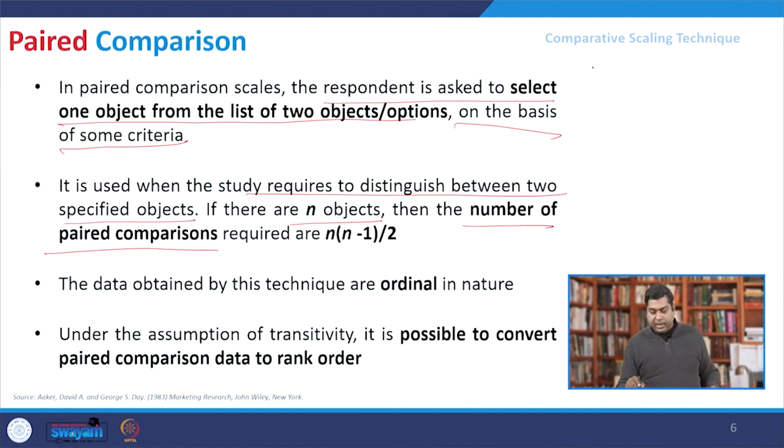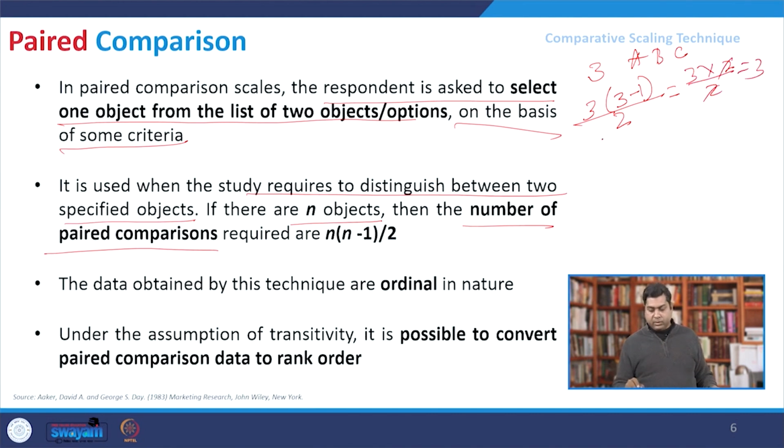So if I have 3 objects, say A, B and C, and I want to know the preferences through paired comparison, the total number of combinations will be 3 into 3 minus 1 by 2, which is 3 into 2 by 2, so 3.